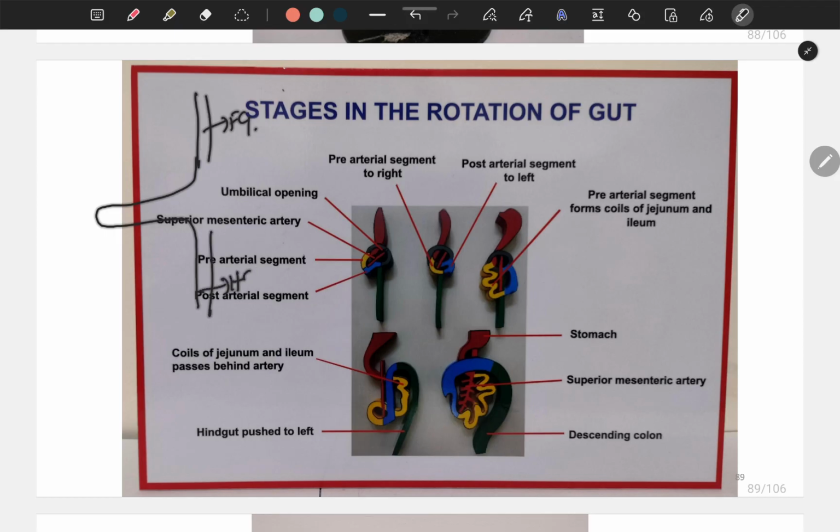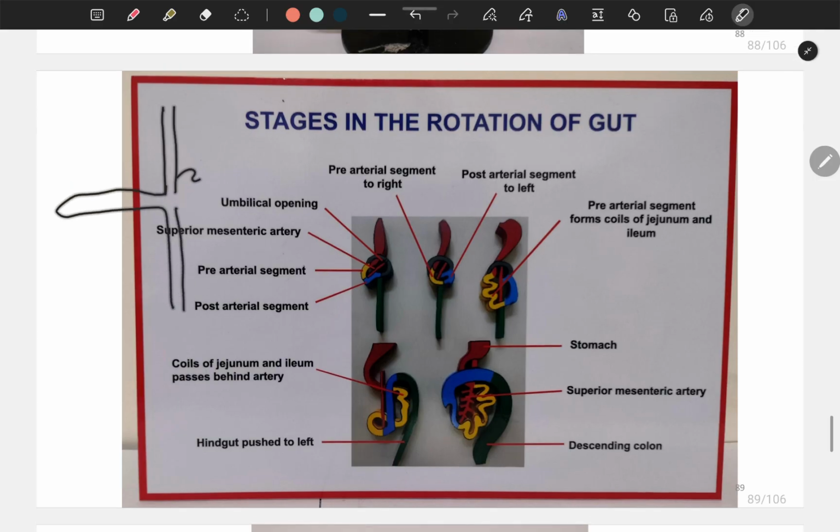This is hindgut. This is extraembryonic mesoderm. Okay, now here foregut, right? This is herniated midgut. Here between the foregut and hindgut, this is midgut.